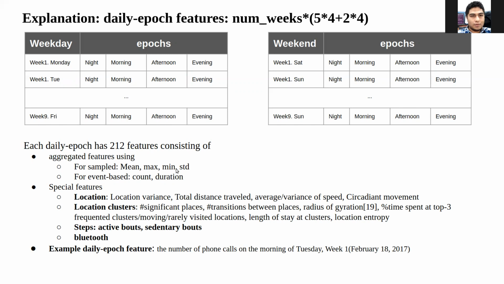For example, if steps are sampled every 5 or 10 minutes, then we have mean or max aggregated features for that. They also provide some special features for location, steps and Bluetooth. This is computed for each of these cells, so each cell has 212 features, and that is what they call daily epoch features.